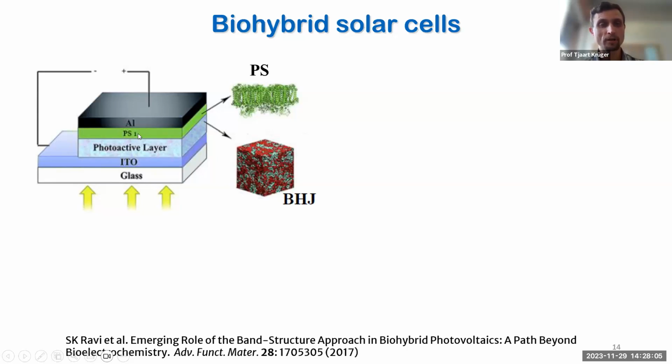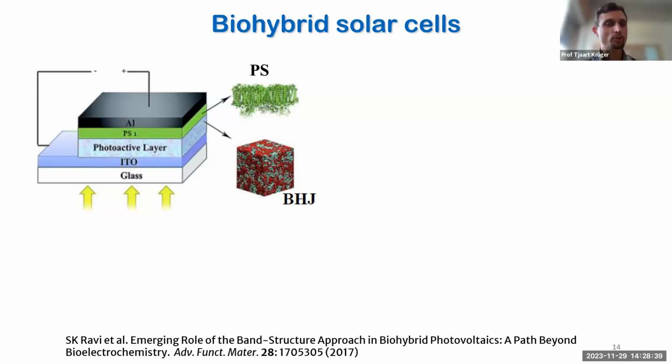This photosystem 1 is attached to aluminium, which is the cathode on one side. On the other side is the photoactive layer, which is our bulk heterojunction solar cell. So this is our organic part. It normally consists of organic polymers that will then extract the electrons from photosystem 1 reaction center and then transport it to ITO, which in this case is the anode. Okay, so glass is just the protection layer in this system.